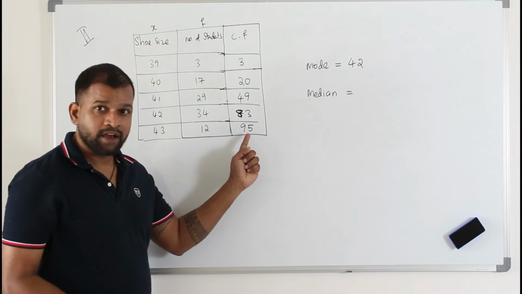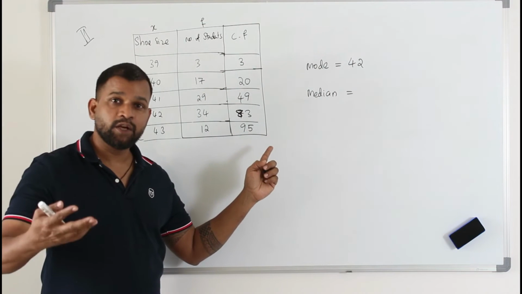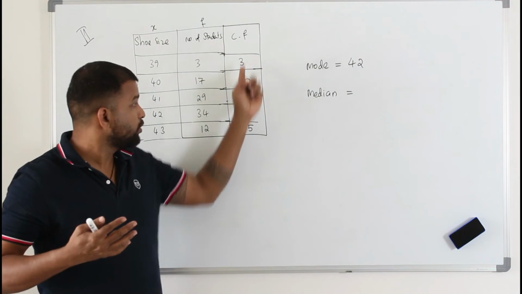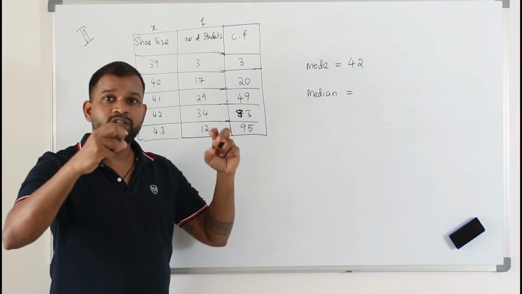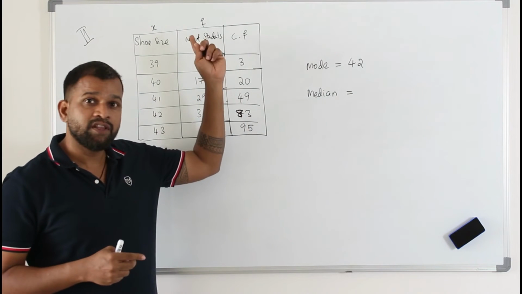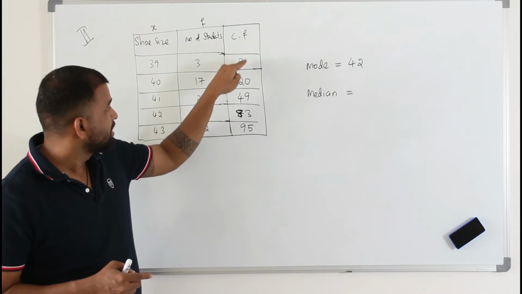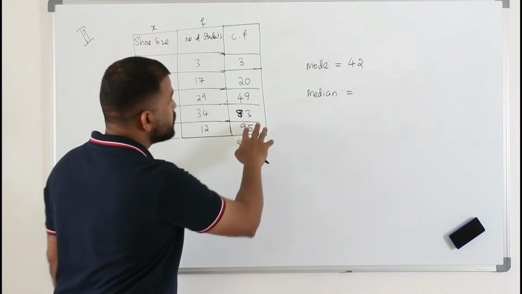This last figure should always be the sum of this. When you solve a question and you find cumulative frequency, you need to read the question carefully. Sometimes they will mention that there are a total of 95 students. So this figure should tally with the figure given in the question. Otherwise, something is wrong, you made a mistake when you added up. So this is cumulative frequency.